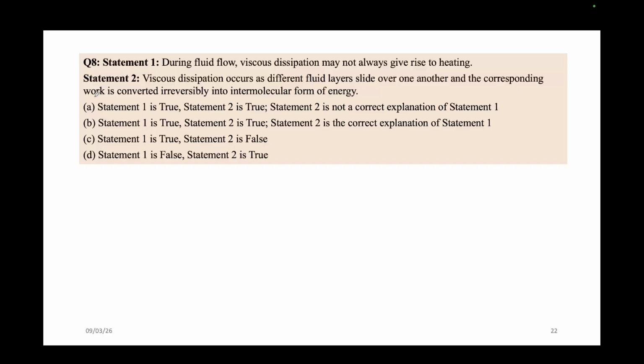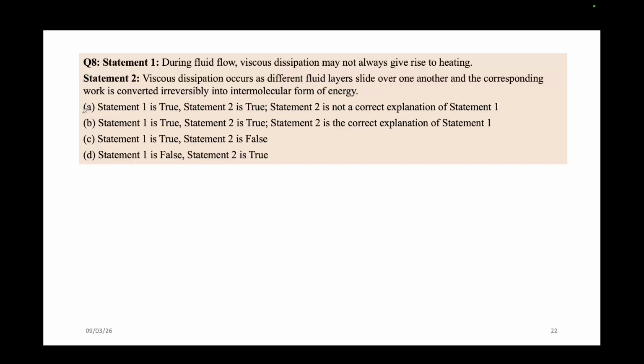Okay. Next is that viscous dissipation occurs as different fluid layers slide over one another and the corresponding work is converted irreversibly into molecular form of energy. What do you think? This is the viscous dissipation. Why is there energy generation because of cycling? Because as the tire comes in contact with the solid surface, because of this sliding, the work done by you is converted into heat energy in this tire.